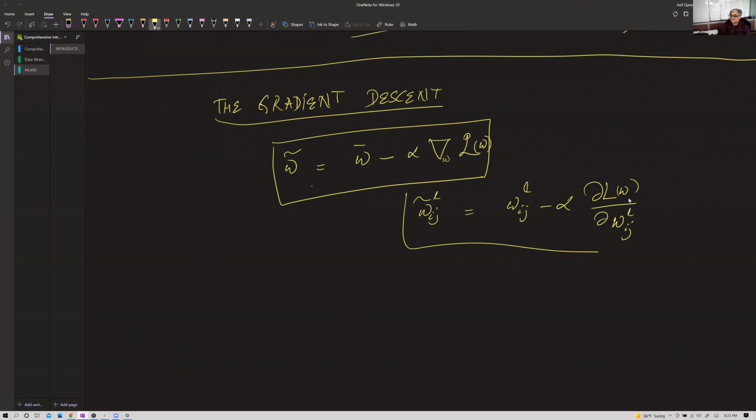So this is writing it out into the component forms. This makes sense, guys? This is just recapping what we have been talking about all this time, the gradient descent equation.